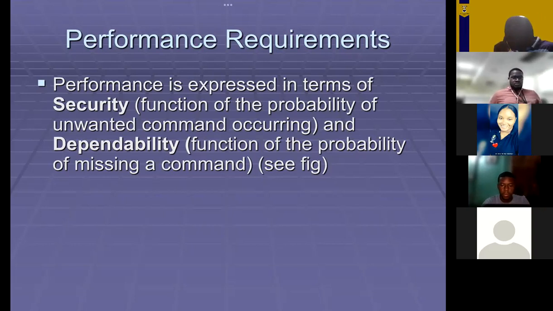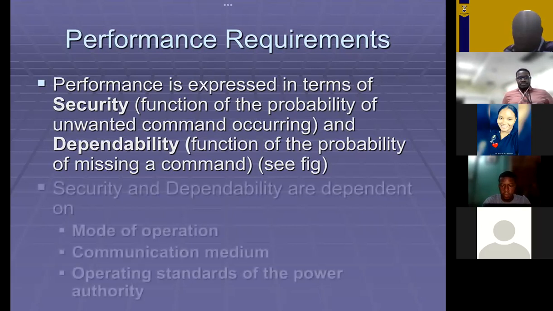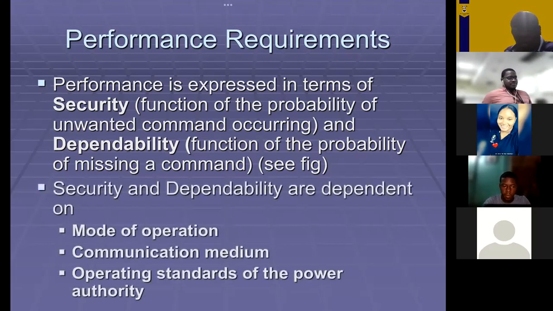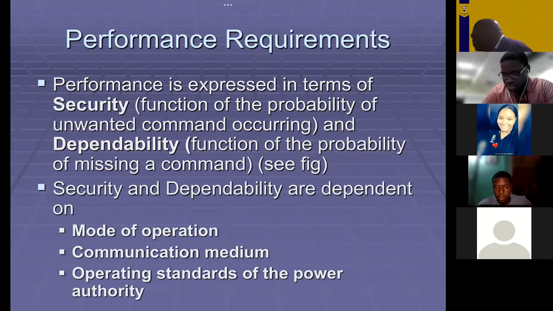Okay? But let's not get ahead of ourselves. So security and dependability are based on one, the mode of operation, the communication medium, and of course, the operating standards of the Power Authority. So what it is that the utility has set as its operating standards.